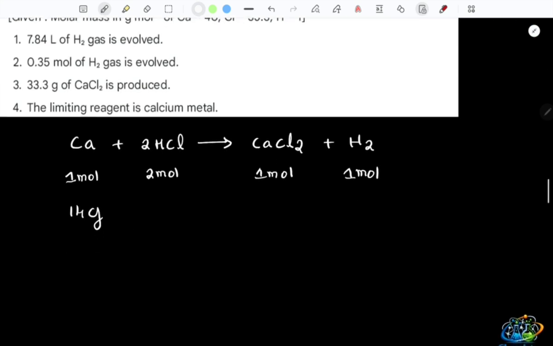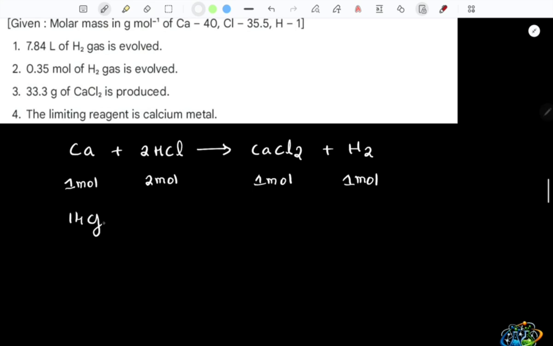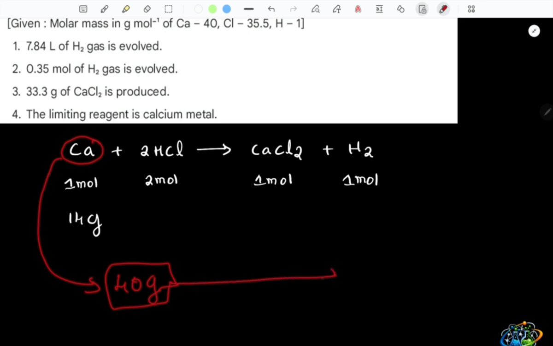From the above equation, it is very simple. Since it is in grams, what is the gram atomic weight of calcium? That is 40 grams. So 40 grams gives 1 mole of hydrogen, and 1 mole of hydrogen in liters means 22.4 liters.